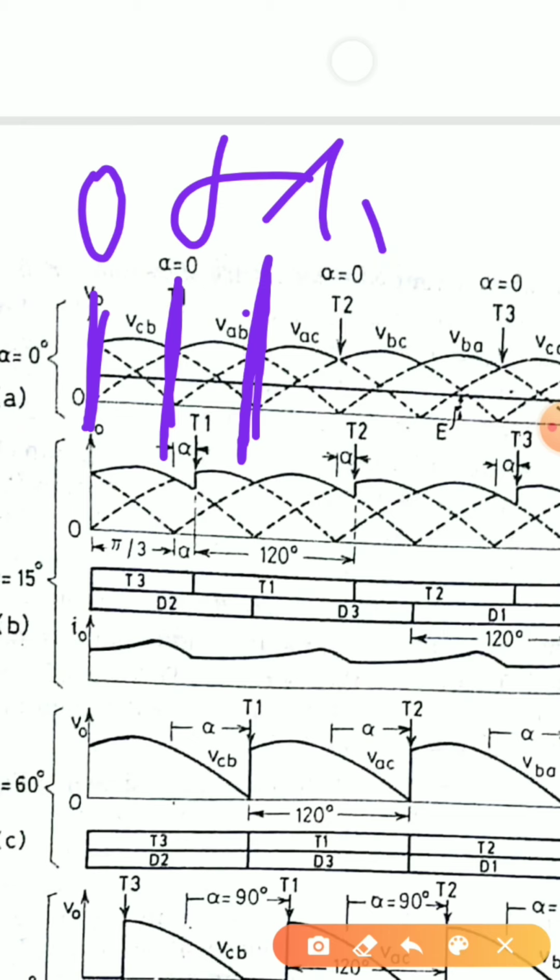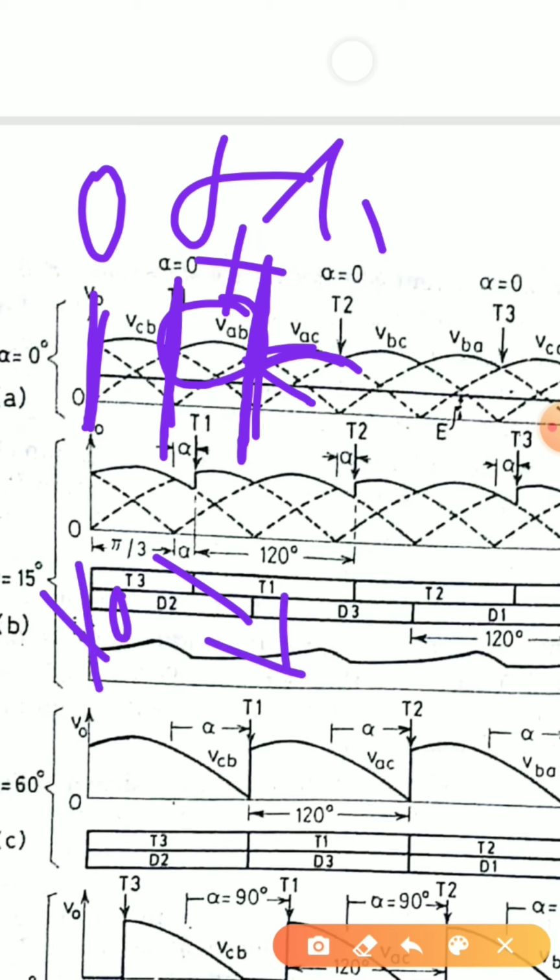When T1 is firing at this point, it can be clearly seen that the peak of VAB has completed, so the peak of VAC is starting. VAB is going downwards and VAC is increasing. So VAC is dominating, and I'll be getting the waveform for VAC.